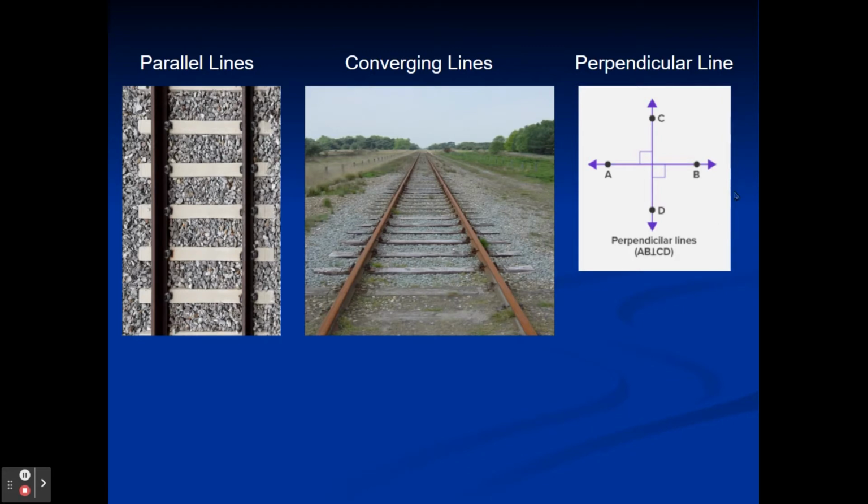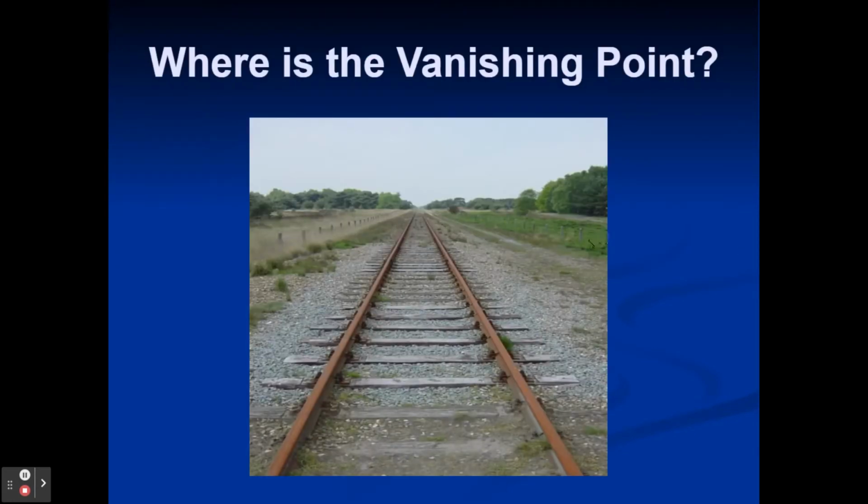I do also want you to know what a perpendicular line is. It's that perfect square, that right angle. It's important that you understand those terms because we throw them out as you're working. All right. Where is the vanishing point? There it is, right?